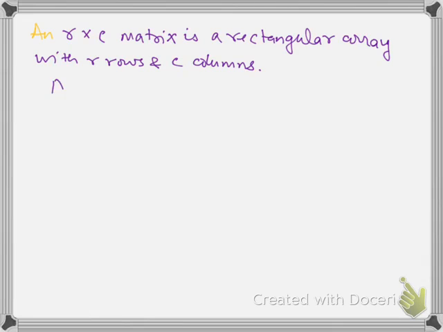So for example, if you have a 2 by 2 matrix, to keep it simple, 1 2, 5 4. This is a 2 by 2 square matrix.